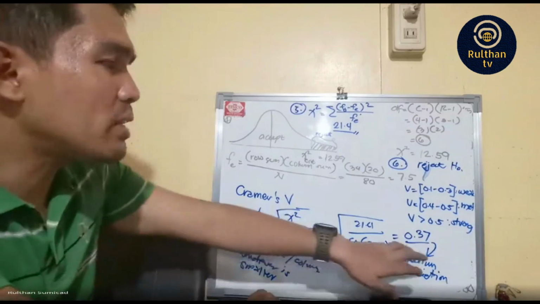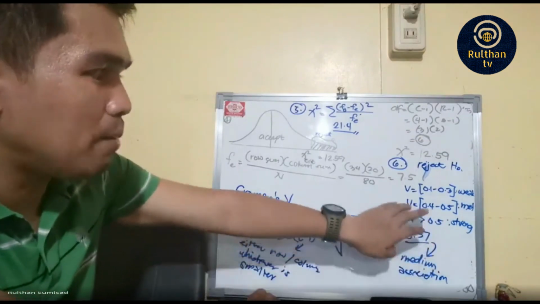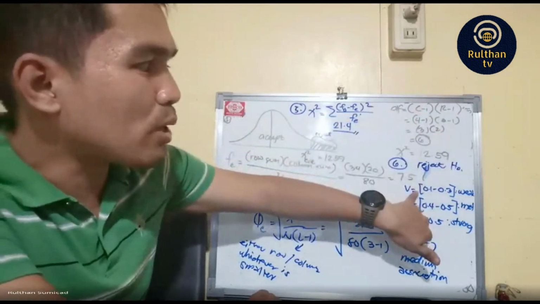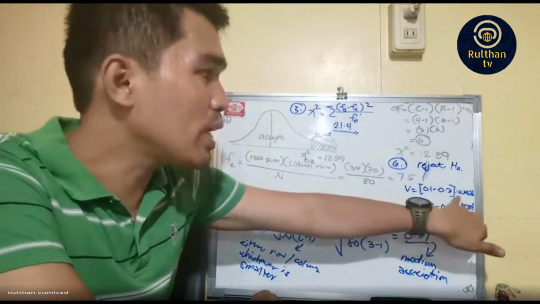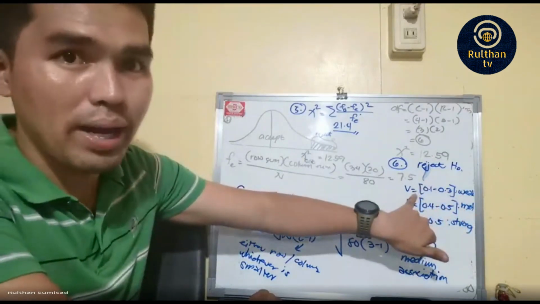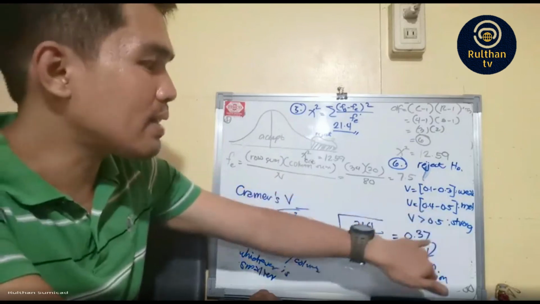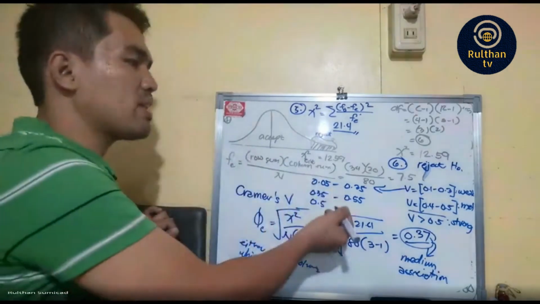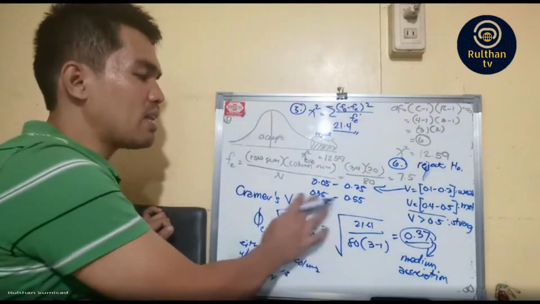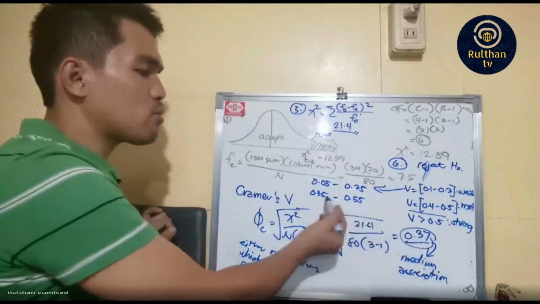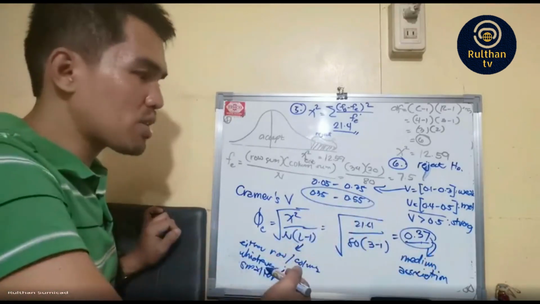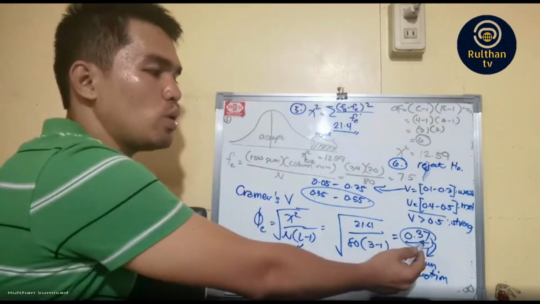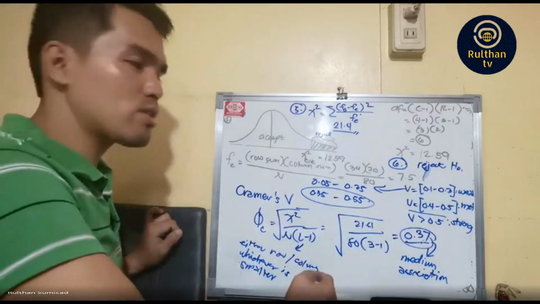By the way, you might be wondering, sir, 0.37, where should it fall? The bracketing here means from 0.1 until 0.3, including 0.3 and including 0.1. Since 0.37 does not belong here nor here, but rather somewhere in between, 0.37 is still closer to the medium association compared to the weak, because 0.37 is closer to 0.40 than 0.30.